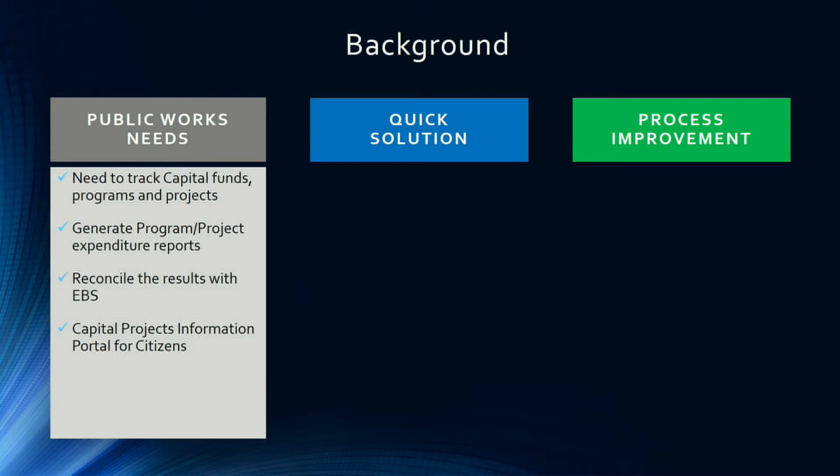And more specifically, we found that we needed to have a capital fund tracking system that would track the project expenditures, generate program project expenditure reports on a consistent basis, reconcile the results as far as the balances within the capital funds application with EBS, and then provide a capital projects information portal for citizens.